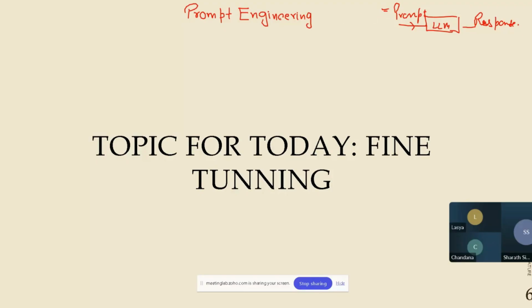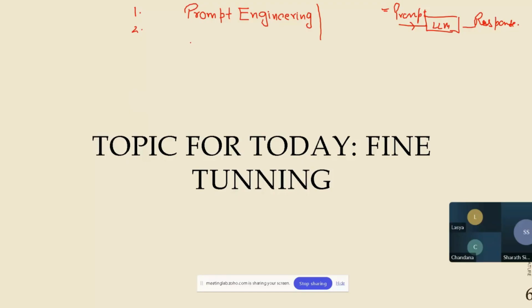So to improve the prompt, we have a special branch or type or element in generative AI, and we call it prompt engineering. One of the important concepts that we cover in Gen AI is prompt engineering, where our focus is to improve our input or the prompt so that we can get the expected output.